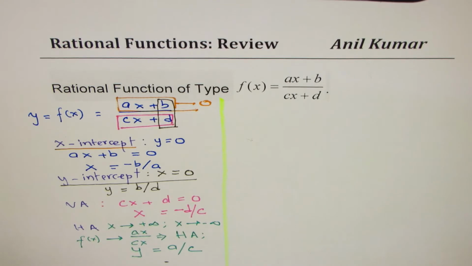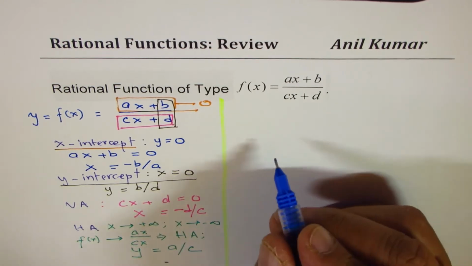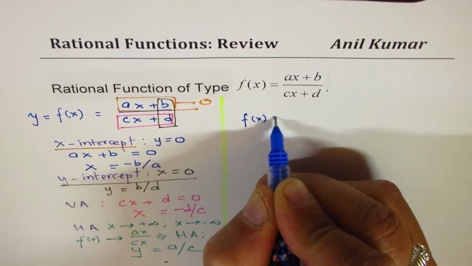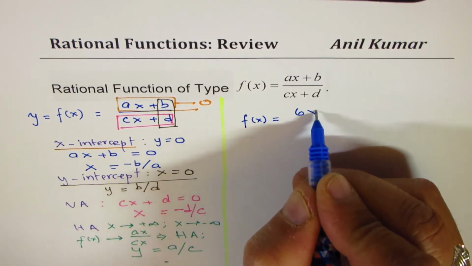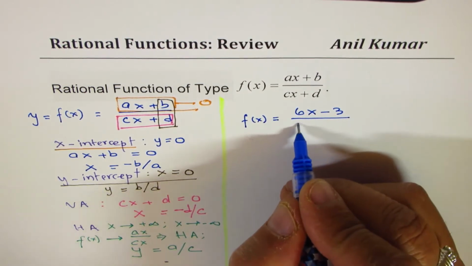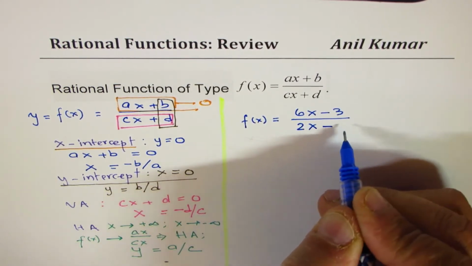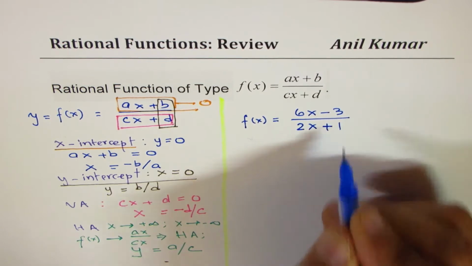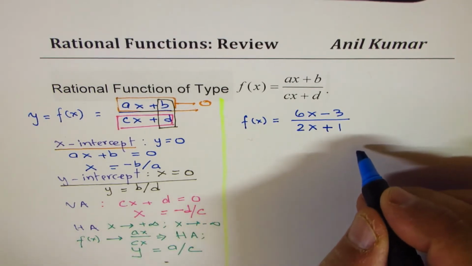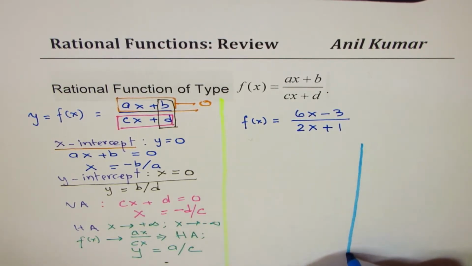So we'll take up an example now and sketch a graph. Let us say our function f of x is equal to 6x minus 3 divided by, I'm avoiding fractions, we may get some. Okay, so let me put this as positive, we'll get one negative value. Now, we'll find different values and plot them on a graph.